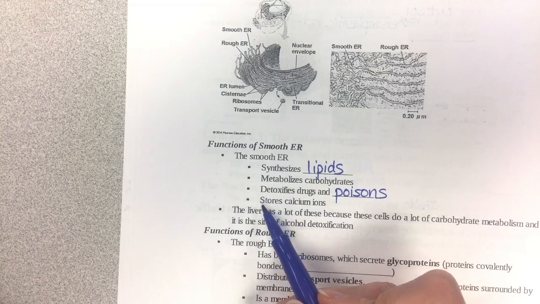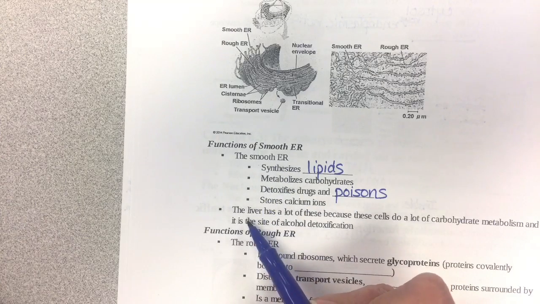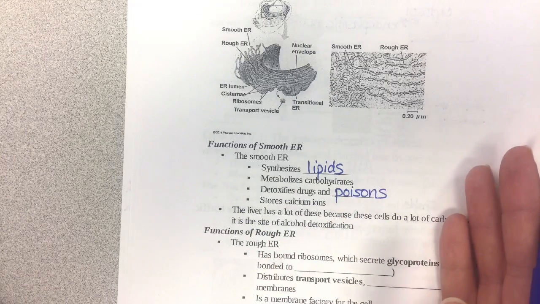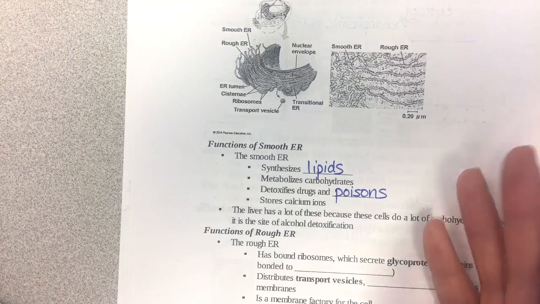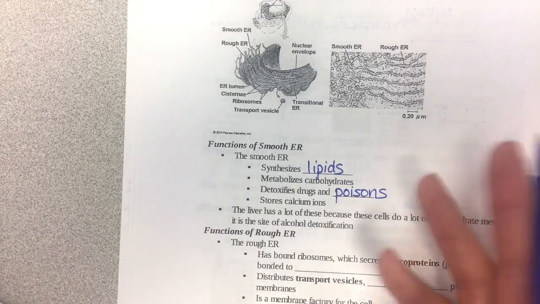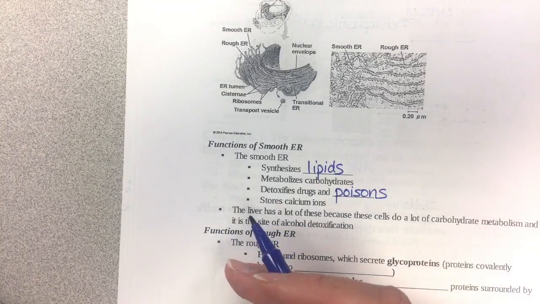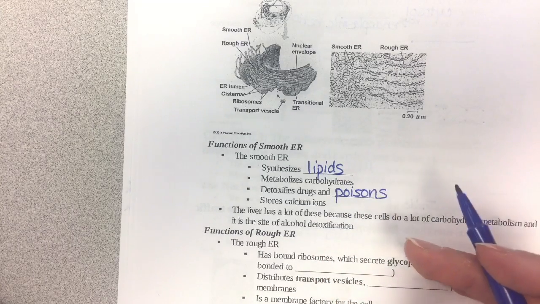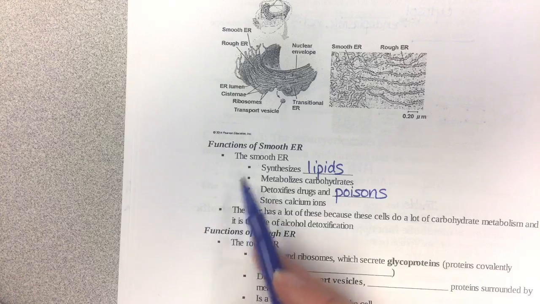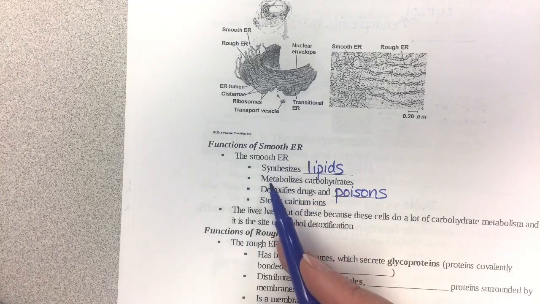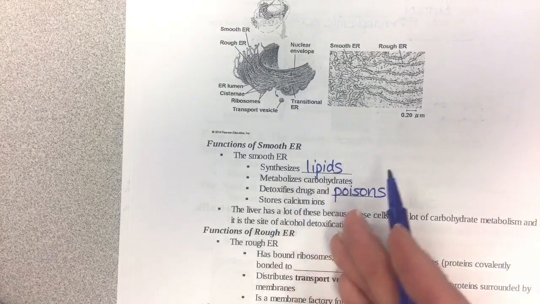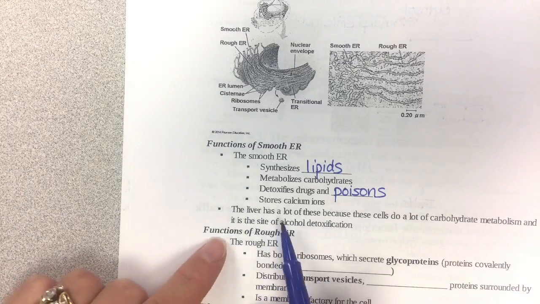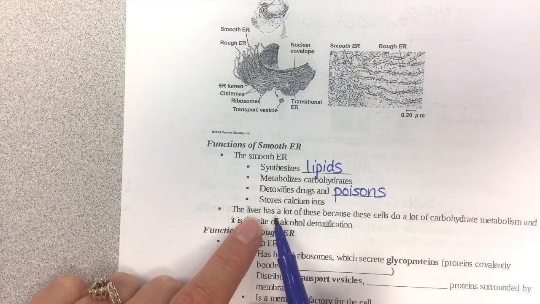So one point I want to make about the smooth ER and about organelles in general is that not all organelles are in equal amounts in every cell. There are tons of different types of cells. Your muscle cell I just talked about is different than the cells of your eye and so forth. So the amount of smooth ER or any organelle can vary based upon the function of that cell. The type of cell that has a lot of smooth ER is the liver cell.